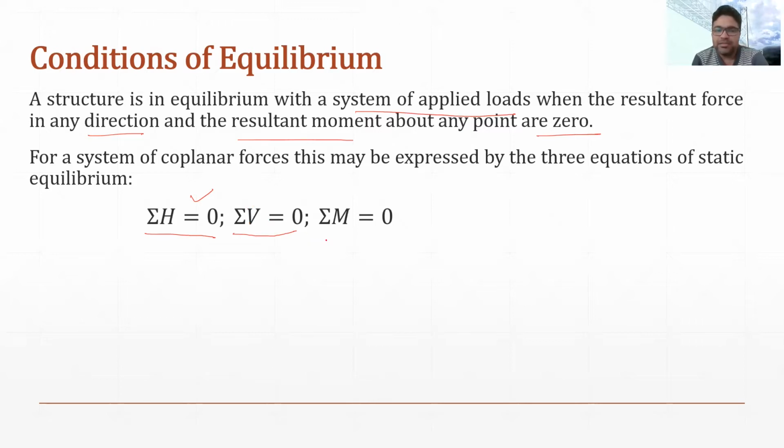And the third equation is about the moment, which means the algebraic sum of all the moments of the forces about all the axes, whether it is the x-axis, y-axis or z-axis, is 0. Then we say that equilibrium is set up.